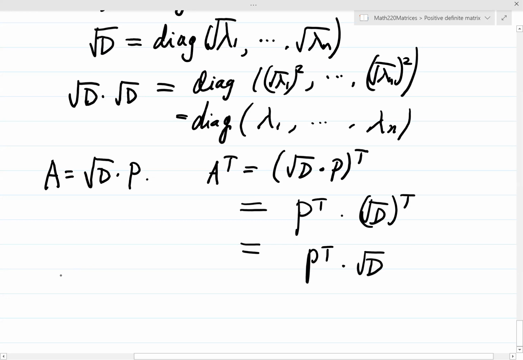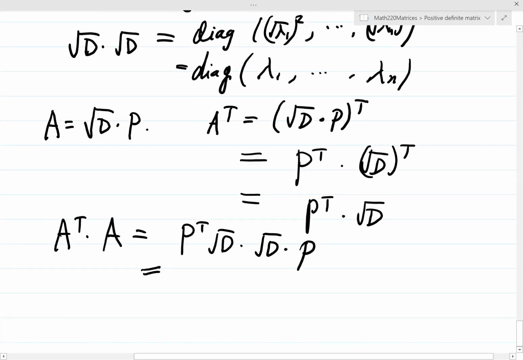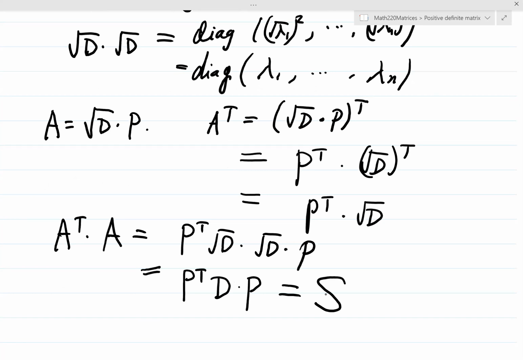So you check, then A transpose A will be P transpose square root D times square root D P. This is by the associative law. Then this is P transpose D P, which is exactly S. So we actually proved it. If we have a positive definite matrix, then we can write it as A transpose A for a certain matrix A with linearly independent column vectors.